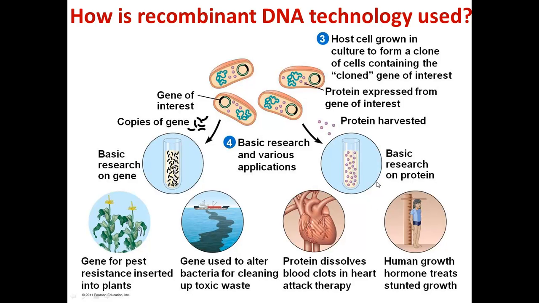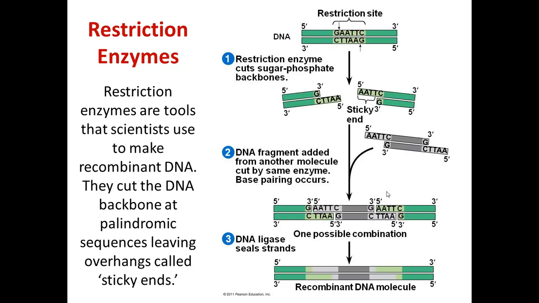It also could be a protein that we could give back to humans to treat conditions where that protein may be missing. For example, you could have a child that stops producing human growth hormone too early, which leads to short stature. So we could give back that human growth hormone so that the child will grow to normal stature.